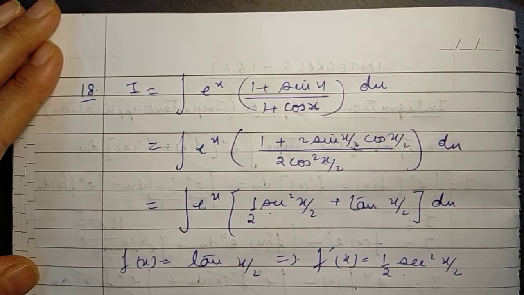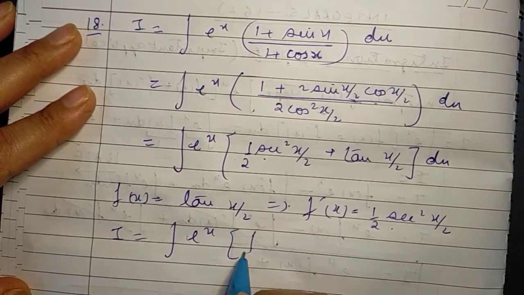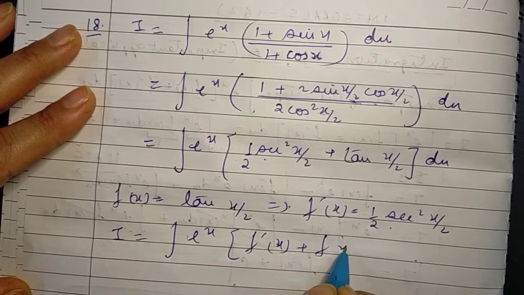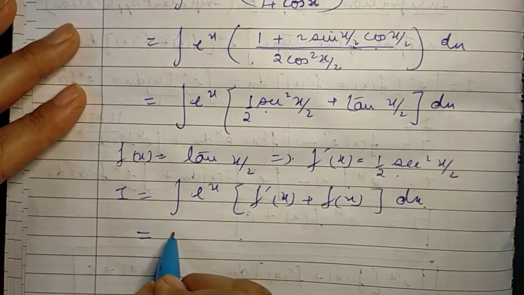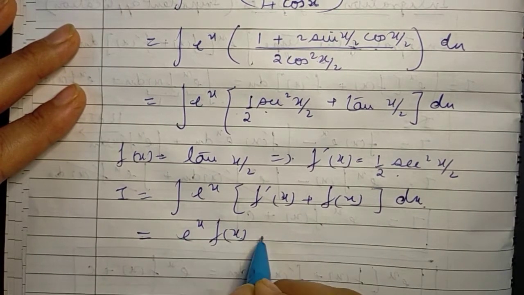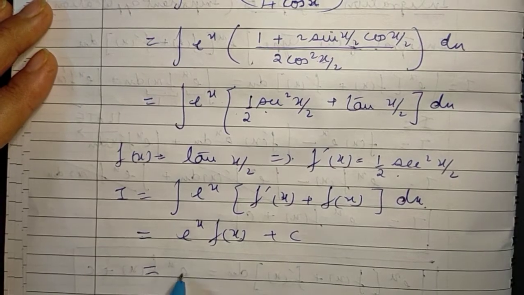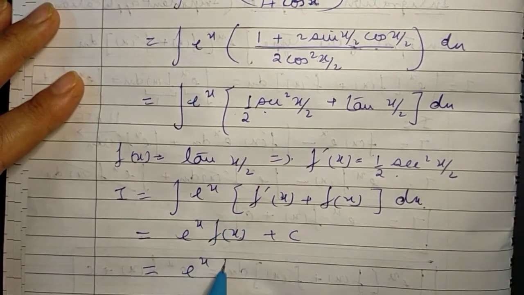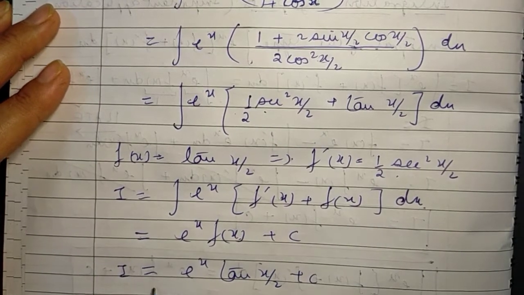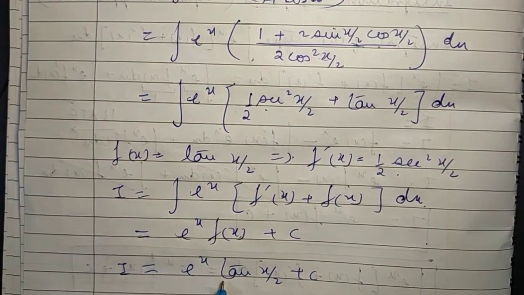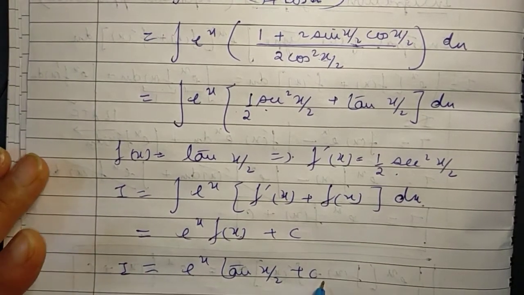So clearly I is in the form of e raised to x (f'(x) plus f(x)) dx, whose result can be directly written as e raised to x f(x) plus c, but f(x) is tan of x by 2, and hence the result is I is equal to e raised to x tan of x by 2 plus a constant.